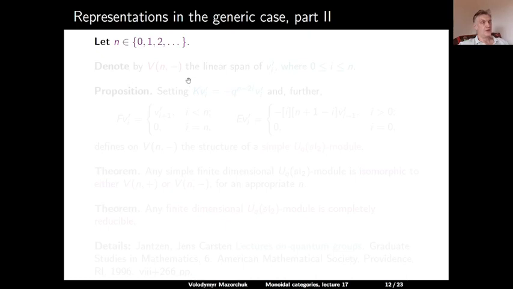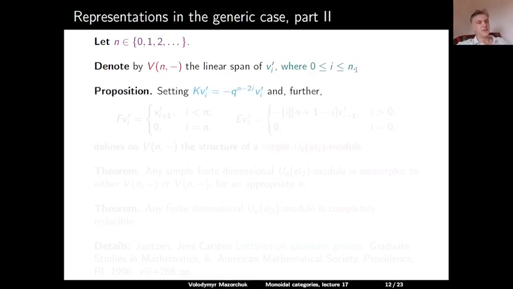Similarly, for a non-negative integer n, we can consider the vector space V_n minus with the basis given by v_i prime, where i is an integer between 0 and n, and we can define the structure of a U_q module on this vector space by the following formulas. So v_i prime is an eigenvector for K with the eigenvalue minus q to the power n minus 2i.